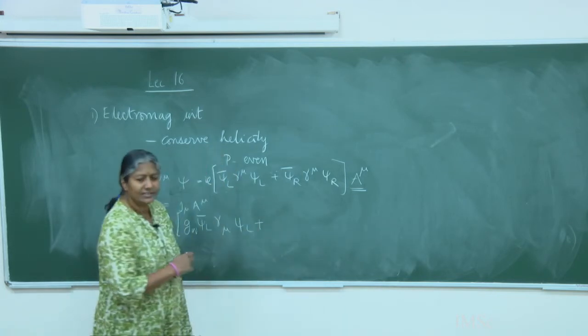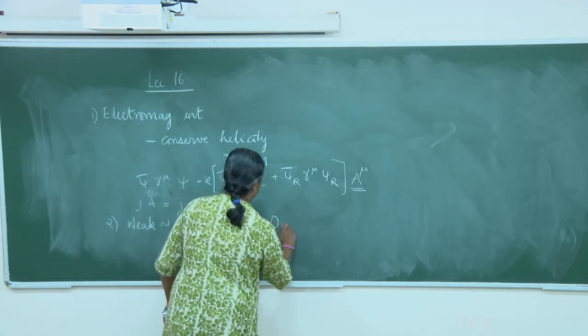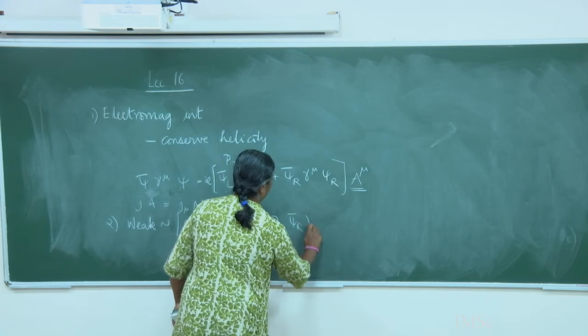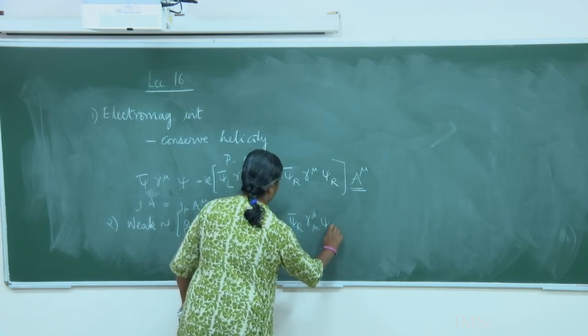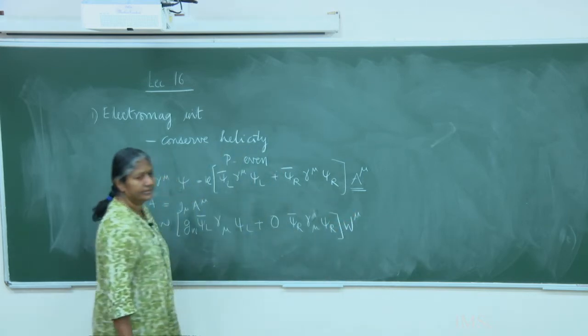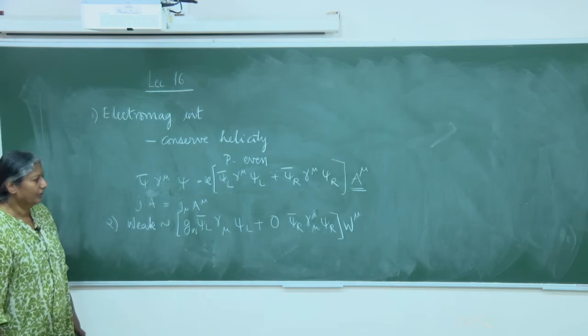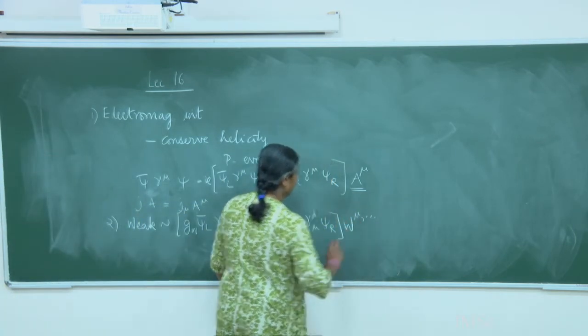That G weak itself will cause us a lot of difficulty. All I want to tell you is that, is this clear? There will be some more indices on the W, we will come to that.